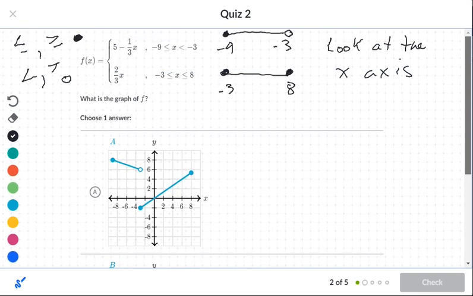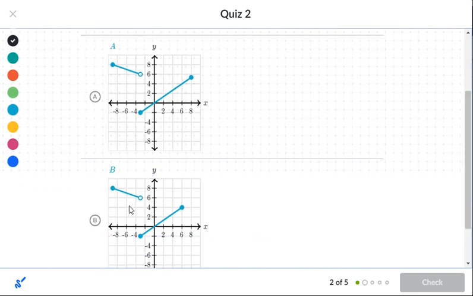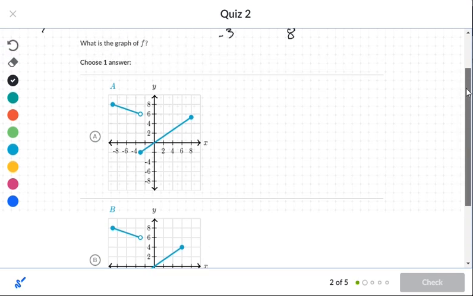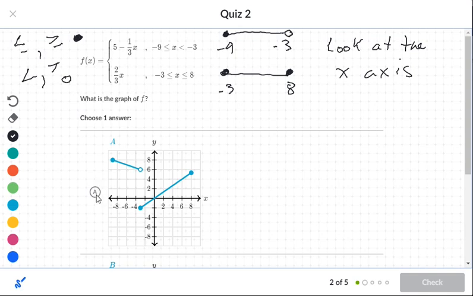Let's take a look at the next one. This is going from -9 to -3, so no change there. However, the problem is here. Yes, it is at -3, and yes, we have both solid dots, but this stops at 6, where it should be stopping at 8. So that's the problem with B. So A would be our choice.